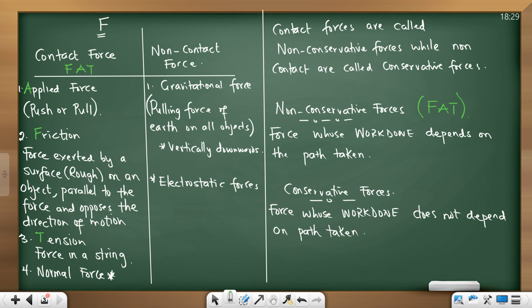If I'm pulling you through a rope, I'm not really pulling you. I'm pulling the rope. The rope is pulling you. So the force in the rope is an applied force, and because it's an applied force, it is a contact force. And contact forces are non-conservative forces. So keep the acronym FACT. It's going to really help us as we look at questions.